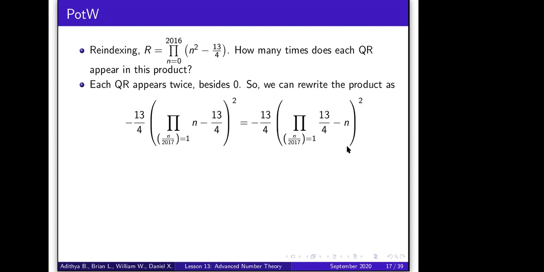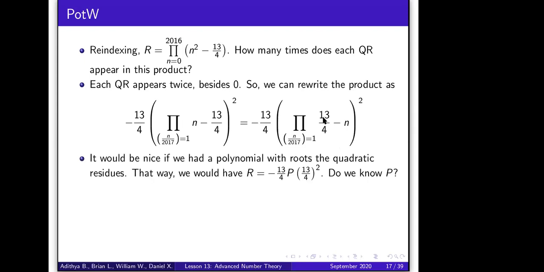So how can we find the inner thing? Well, the inner function looks kind of like a polynomial with quadratic residues as its roots, and then we evaluate it at 13 over 4. So it'd be really nice if we had a polynomial p with roots which are exactly the quadratic residues. That way we would have that R is equal to negative 13 over 4 times p of 13 over 4 squared.